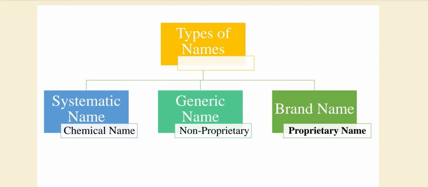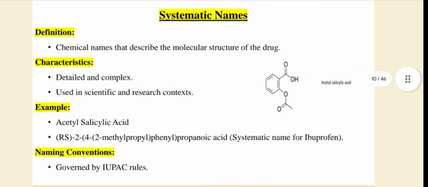Okay, there are three types of names: the systematic name, generic name, and brand name. Systematic names include chemical names. Generic names are also called non-proprietary names, and brand names are proprietary names.